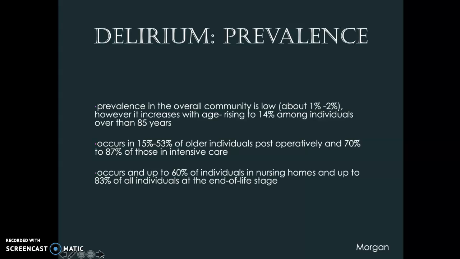Delirium occurs in 15 to 53% of older individuals post-operatively, and 70 to 80% of those in intensive care. Delirium occurs in up to 60% of individuals in nursing homes and up to 83% of all individuals in their end-of-life stages.